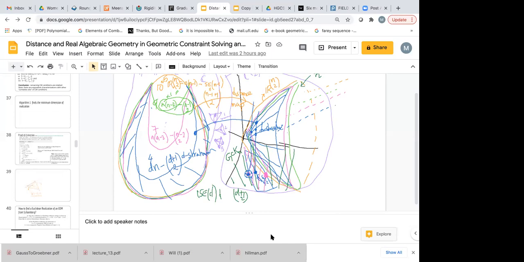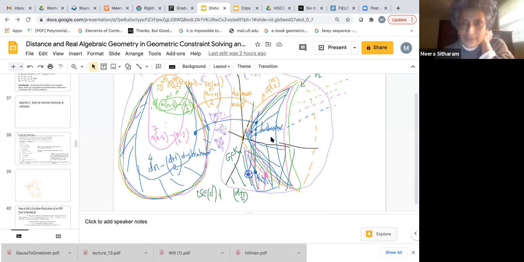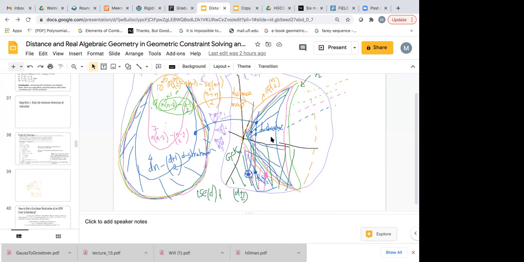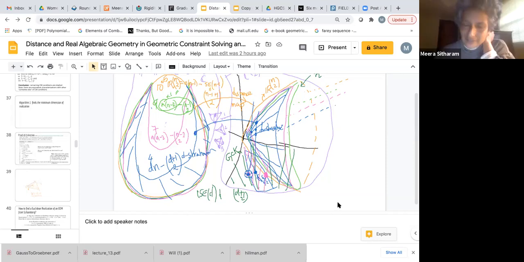Suppose you have a graph E. And then this graph has a dimension E minus K in the rigidity matrix, in D dimensions, right? So there are K edges which are dependent on the remaining edges.